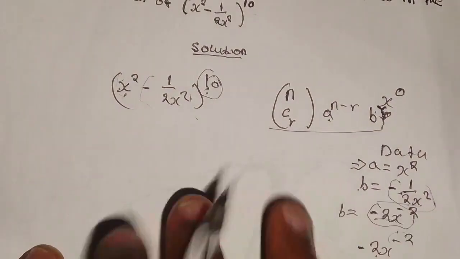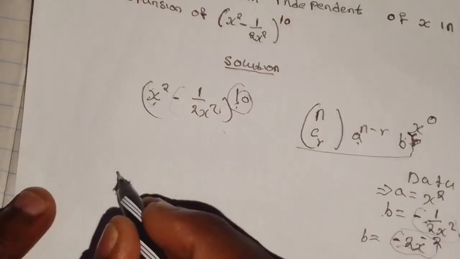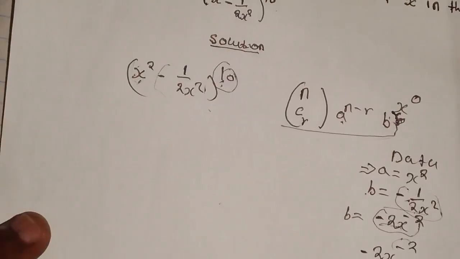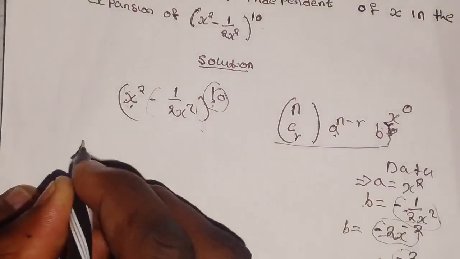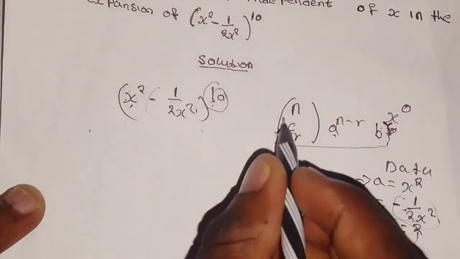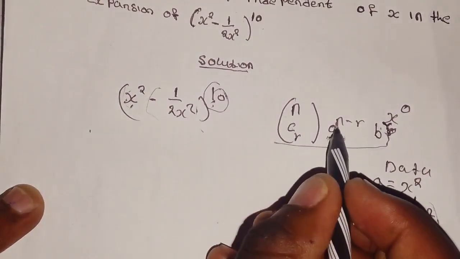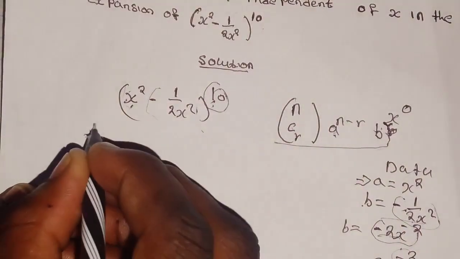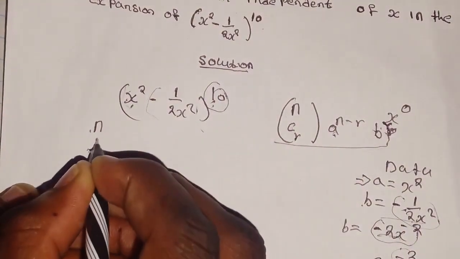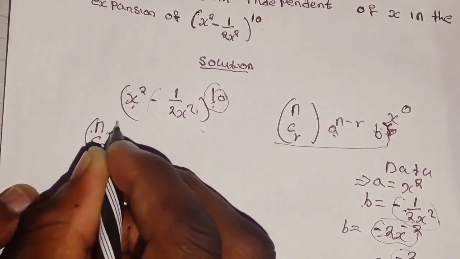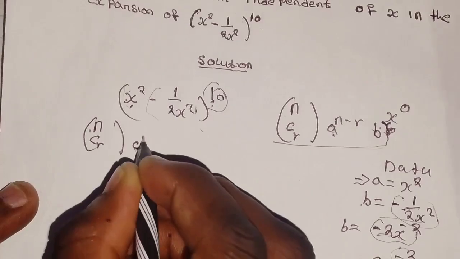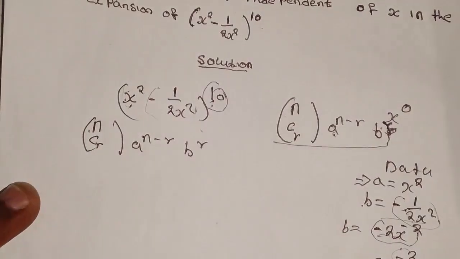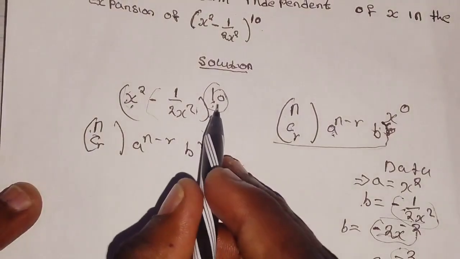Now we just replace in the formula of ours, which is n choose r multiplied by a to the power n minus r multiplied by b to the power r. I've said our n is 10, right?